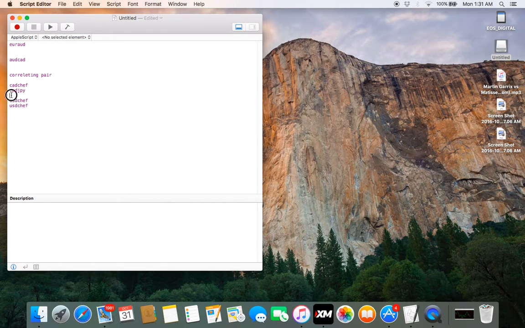Let me put this line to separate so that you don't get confused. And these two are anti-correlating pairs.